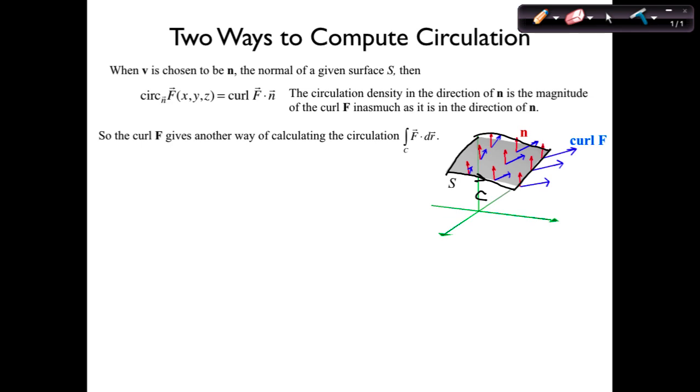And you kind of have to sit and think about that for a while for that to make sense. But let's walk through that. So we're going to look at one element of S with boundary delta C. So like this one over here. So a little one right around here. So one element.